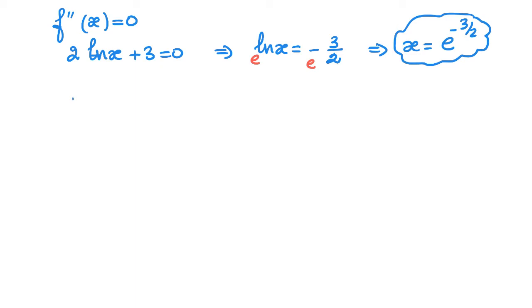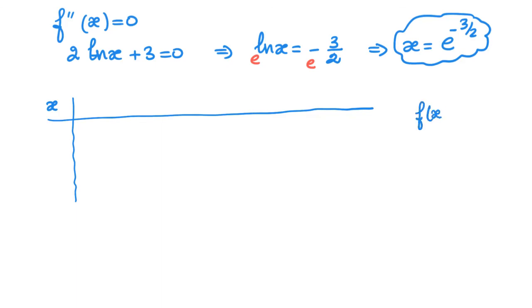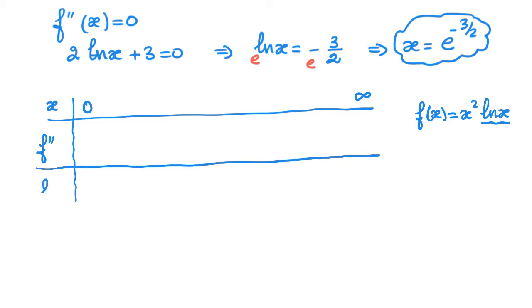Now we're going to put this value in a table where first we put the domain of the function f. F, I remind you, is the function x squared ln x. Because of the ln here, its domain is only from 0 to infinity. Now we put the second derivative and we put our function f here.